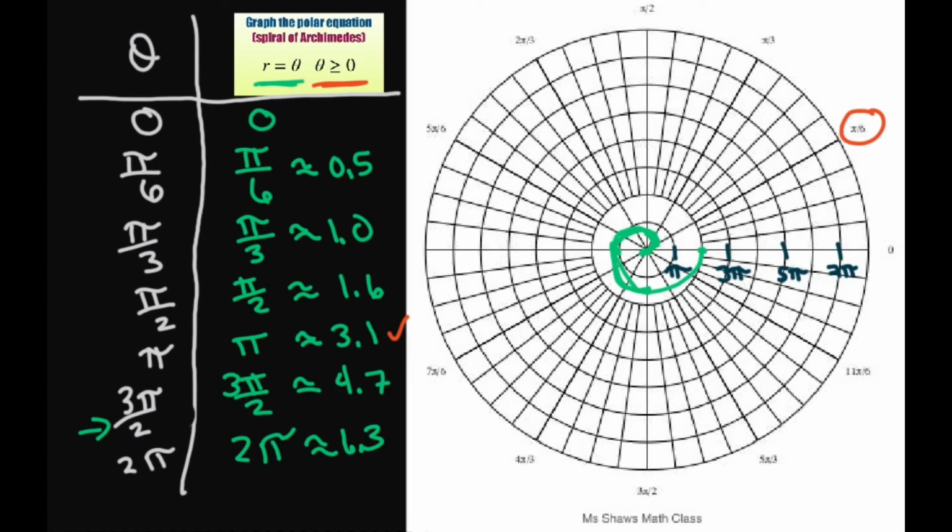Now, what's going to happen is on this right-hand side, every 2 pi, it's going to hit here. And on the left-hand side, it's going to hit all the odd number ones. Like that. So you can just swing it around through these points.